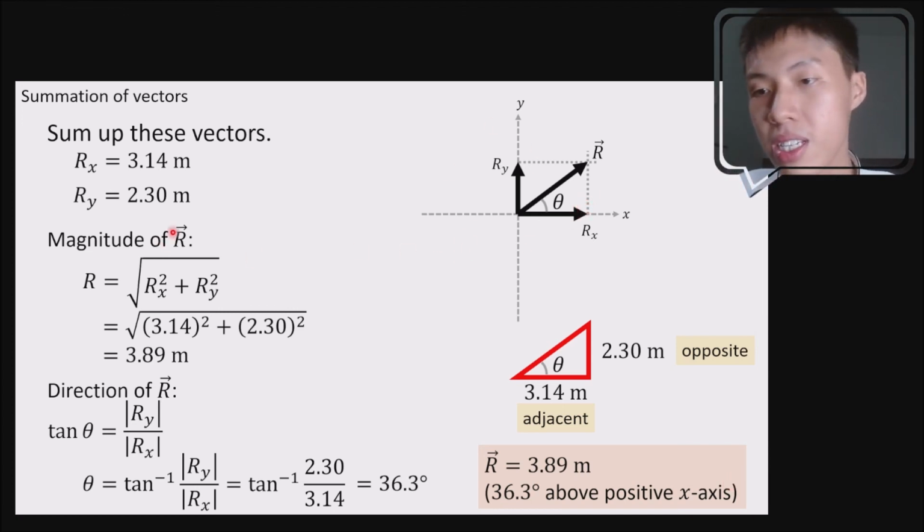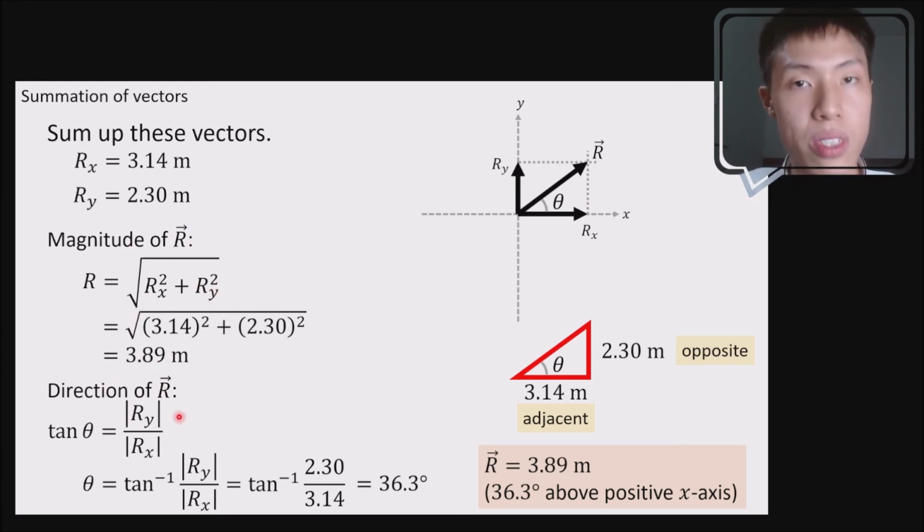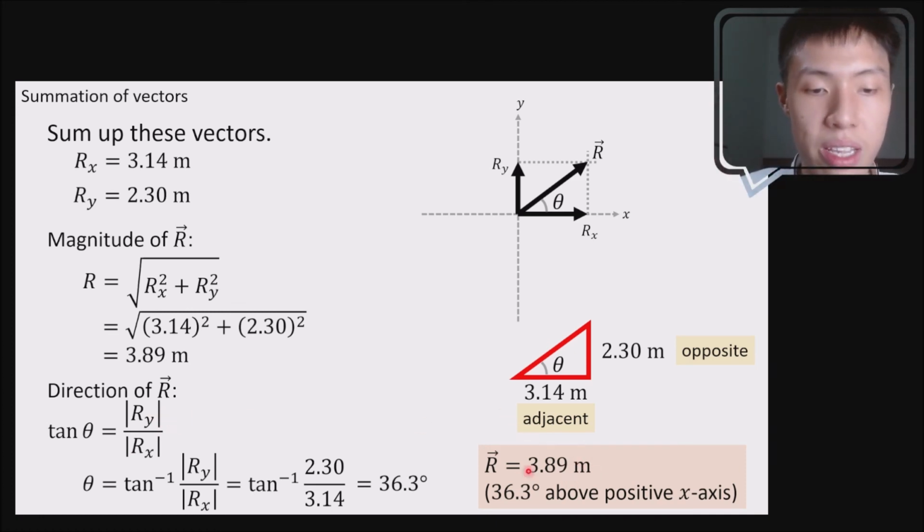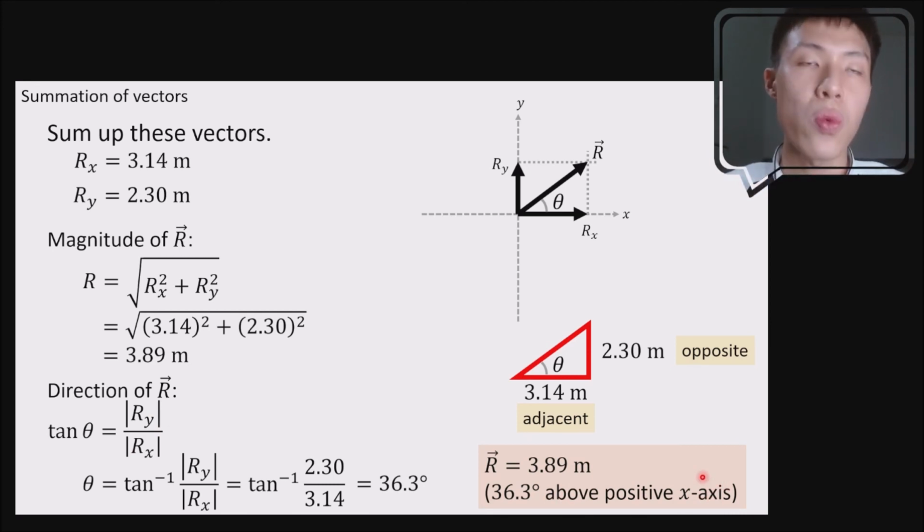Fourth step, determine the magnitude using Pythagoras' theorem, determine the direction using trigonometry, tangent. Fifth step, write out our magnitude and direction with the direction well described in words. So that's how we sum up multiple vectors, or we call it the summation of vectors.